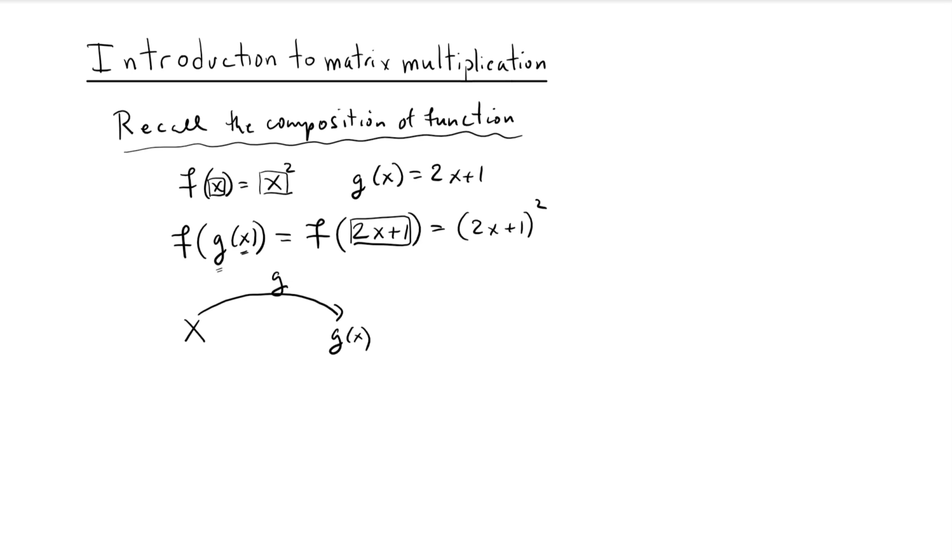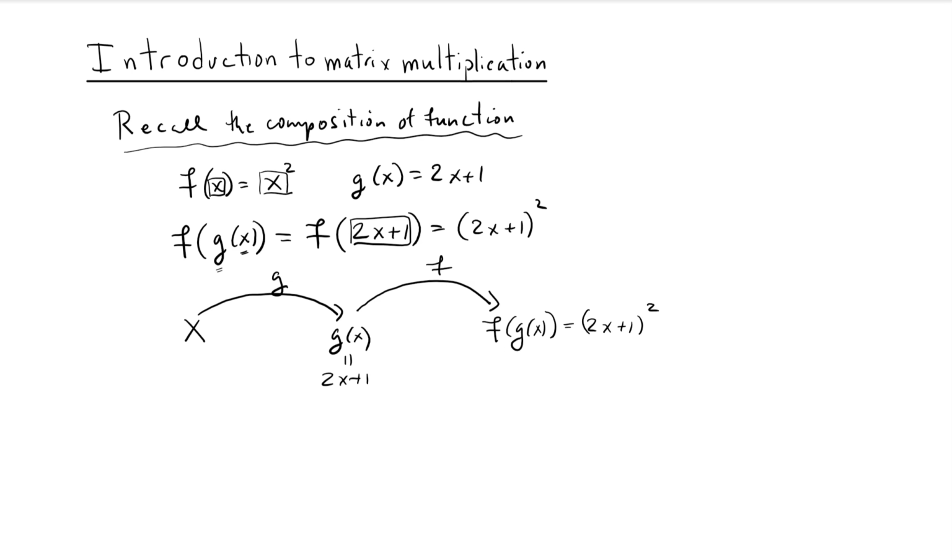So I get something that's slightly more complicated than f and g. On the diagram, I take g and send that into function f, and what comes out of it is f of g of x. In our example, it's 2x plus 1, and here it's 2x plus 1 squared.